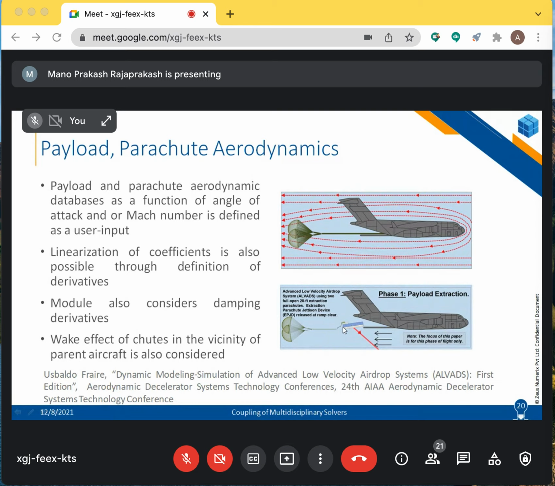Imagine a situation when this payload has just started tipping. At that moment, the parachute is still going to be connected to this point, and the payload is going to experience some aerodynamic effect. Though it is not fully out, there is going to be some partial aerodynamic effect.